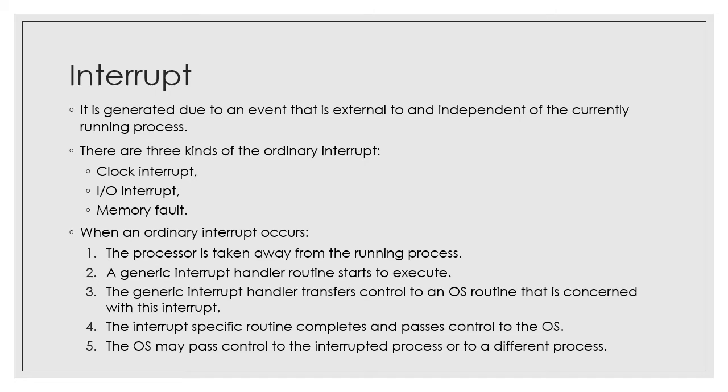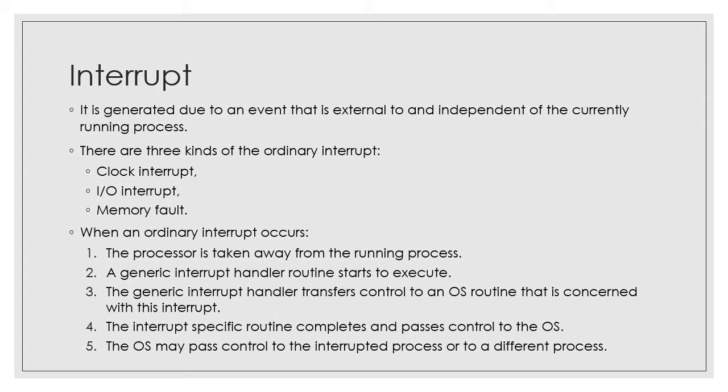So far, a process switch has not happened. Why? Because control is still with the operating system. The operating system may pass control to the interrupted process or to a different process. If the OS passes control back to the process that was interrupted, then no process switch takes place.